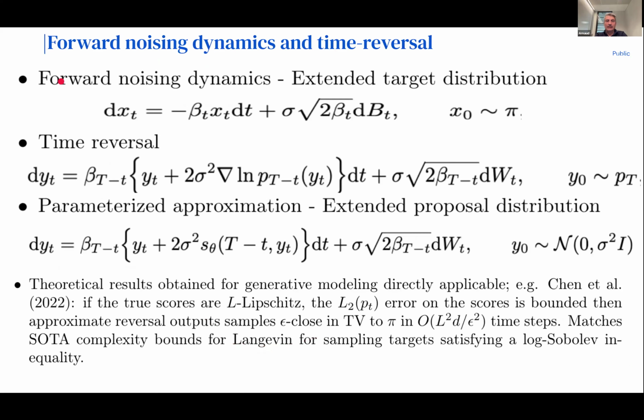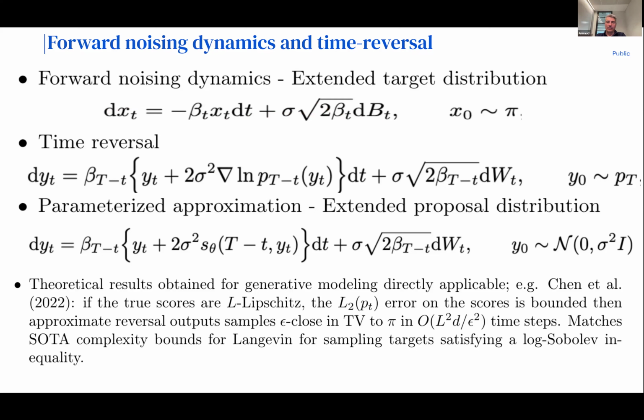So here you go. I'm going to define an extended target distribution as follows. This is a process defined by a diffusion. You start X naught from pi, and you diffuse with an Ornstein-Uhlenbeck process. And you're going to diffuse long enough that the marginal distribution of X capital T is roughly Gaussian.